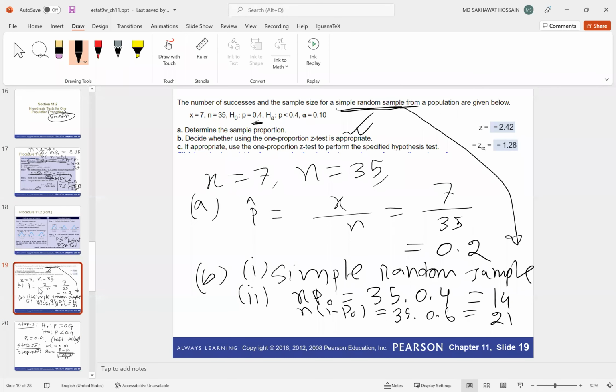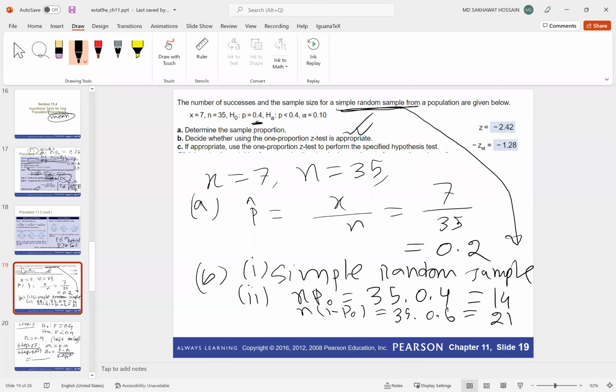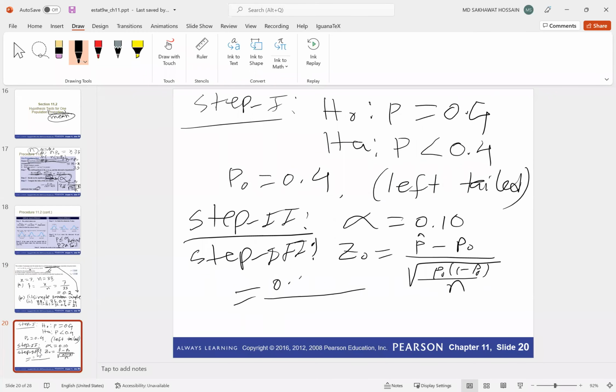What is p0? p0 is 0.4, so you need to plug in p0. And what is p hat? p hat is 0.2, x over n. So we have p hat, which is 0.2, minus p0, which is 0.4, over the square root of 0.4 times 0.6 over 35.